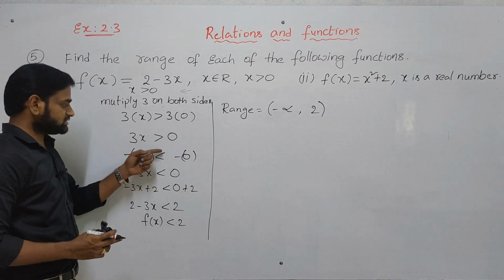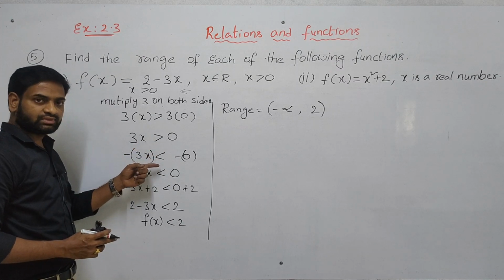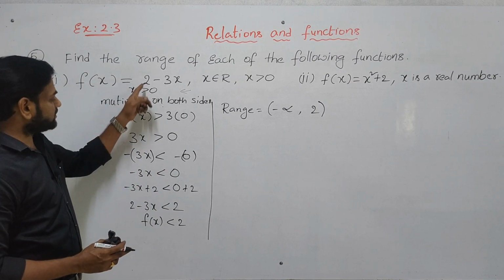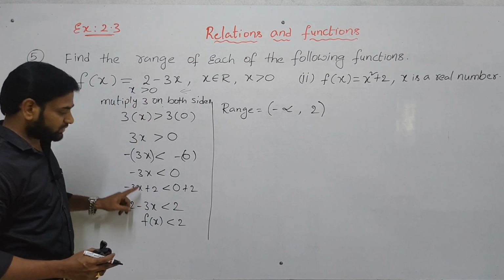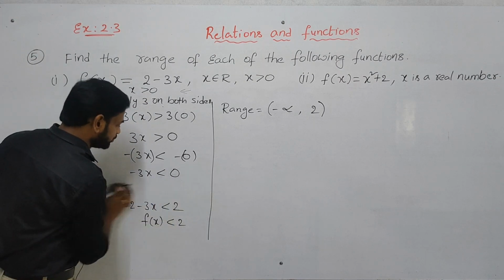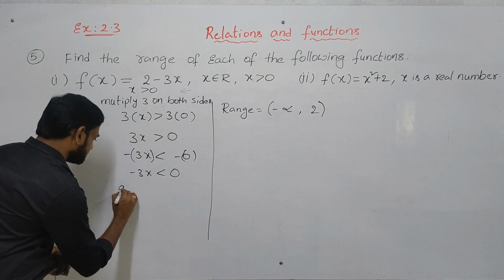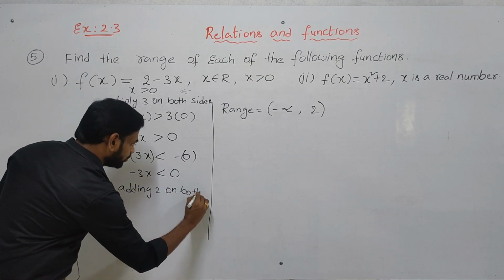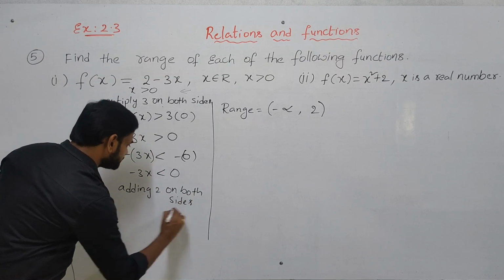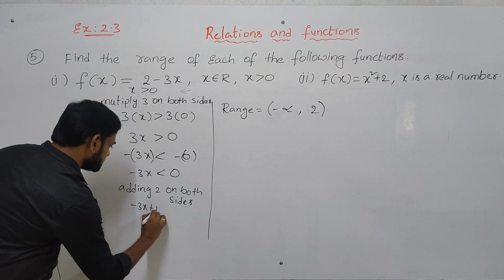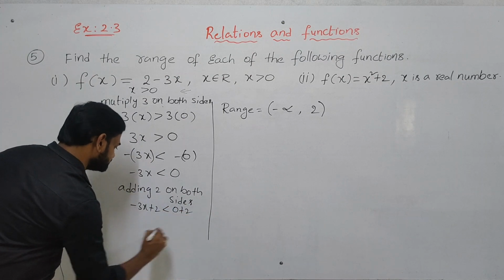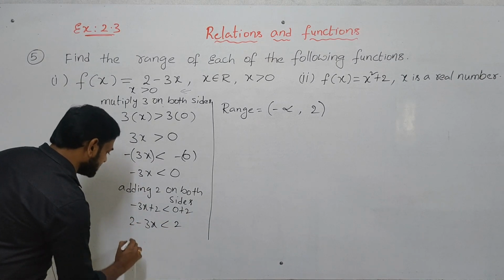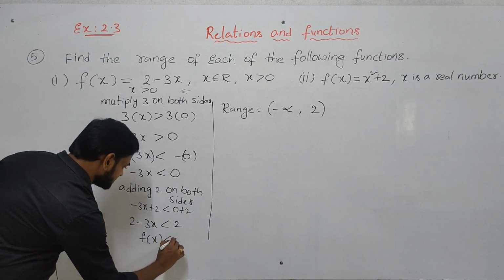When you apply minus, greater than converts to less than. So minus 3x less than 0. Next, adding 2 on both sides. So minus 3x plus 2 less than 0 plus 2. So it is 2 minus 3x less than 2. 2 minus 3x means f of x less than 2.